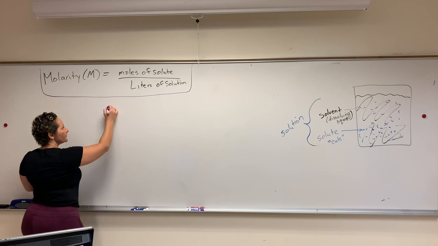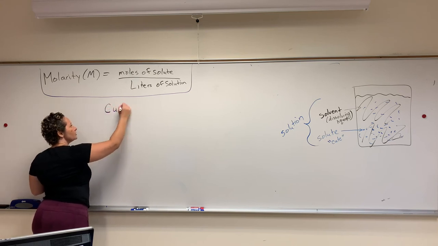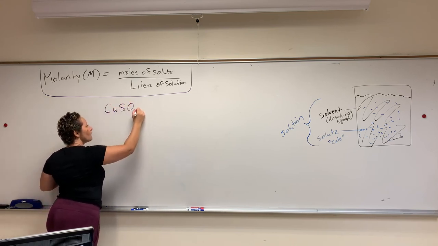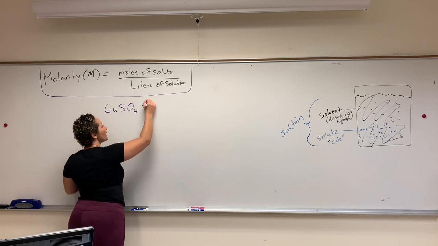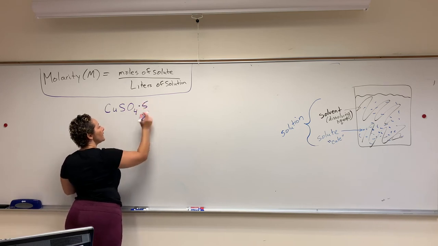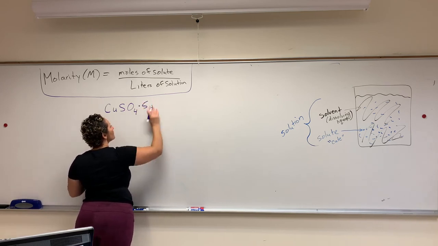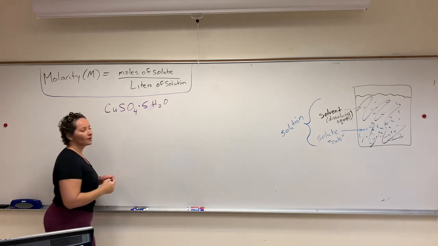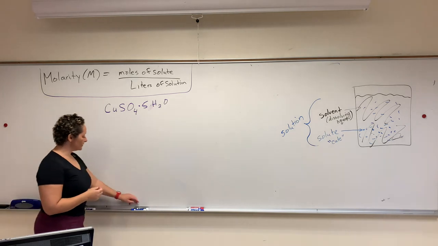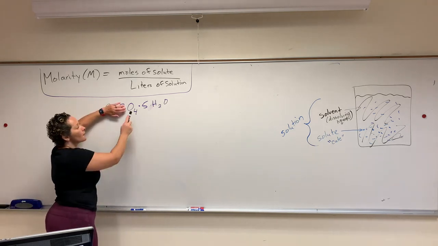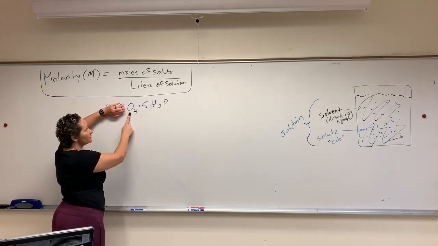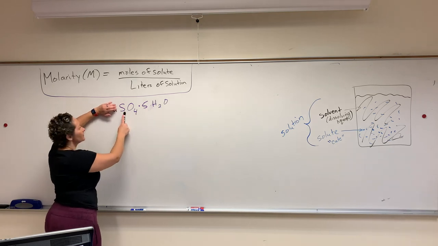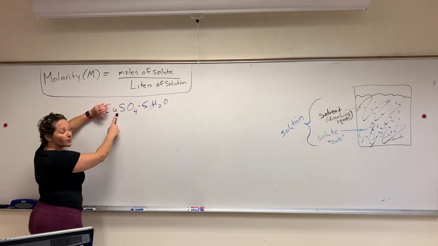So copper sulfate pentahydrate, CuSO4 dot 5 H2O. What that means is there are 4 atoms of oxygen, 1 atom of sulfur, and 1 atom of copper.